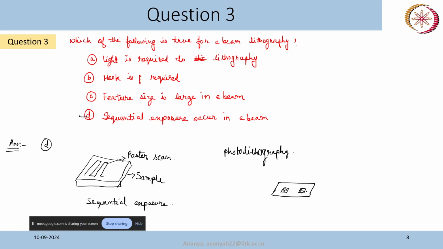This portion is chromium, and then you will expose the sample which is below this mask. The sample will be in contact with the mask. Okay. And you will do the UV exposure as a whole, at one go. So different portions of the sample will be exposed simultaneously. So this is not sequential exposure, this is bulk exposure. Or there may be another term which is equivalent to bulk exposure also.